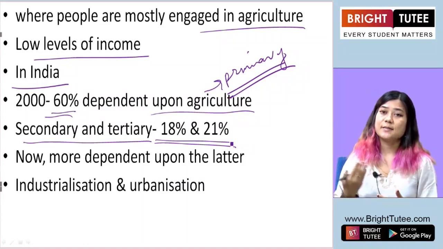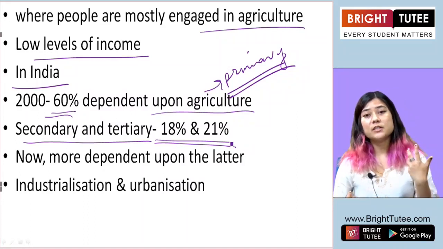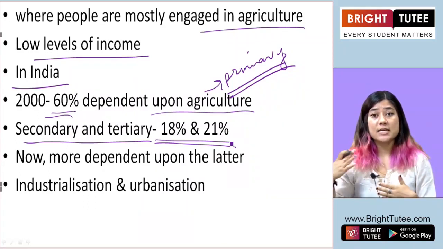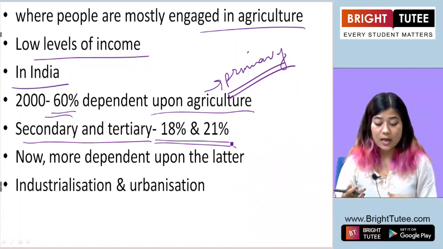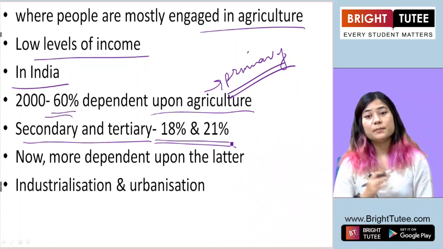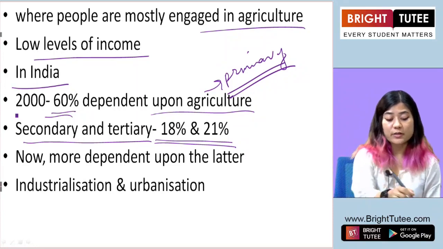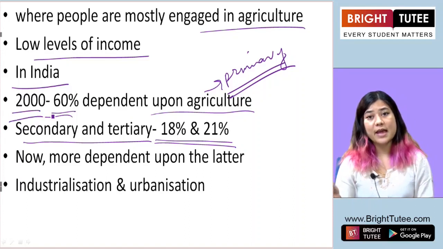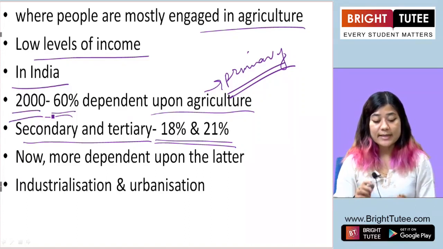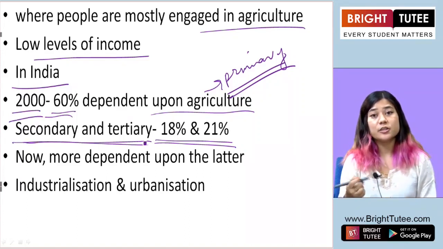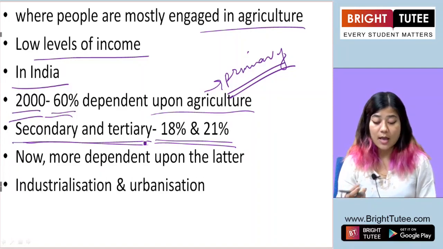The economy has improved. The growth of the development and economy of the country is increasing. Why? Because now the population does not depend on primary activities of occupation as much as it used to in 2000. They depend on secondary and tertiary activities of occupation. And why?